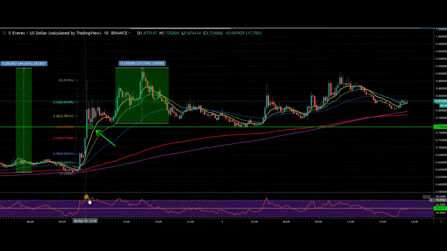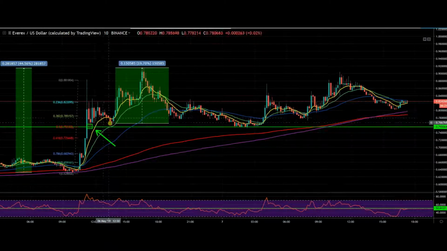RSI is above the 50, so you have to be on the bullish side of things at that point in time, because price had just broken above the 50 RSI, so that's in a bullish zone. Also, you're above all these moving averages, and as soon as you touch this yellow 9 EMA, away we went.